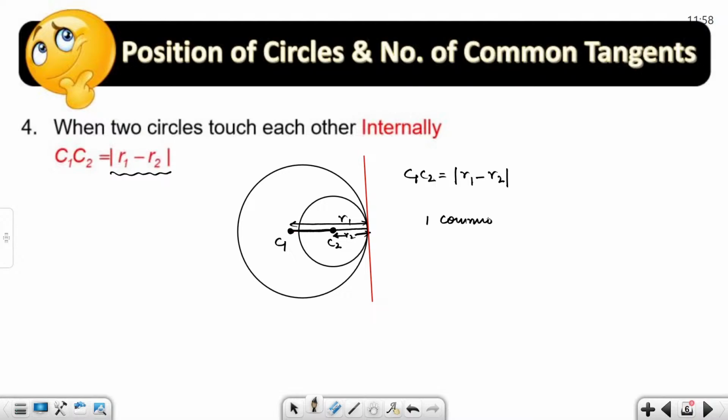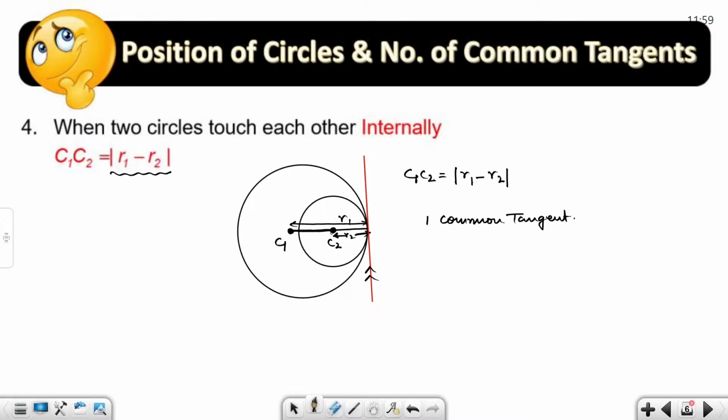Now my second question is, what kind of tangent is this? Is it a direct common tangent or a transverse common tangent? Now if you are confused, you have to bank on the definition that I told you. The definition is that a tangent will be a direct common tangent when both the centers of the circles are lying on the same side of the tangent.